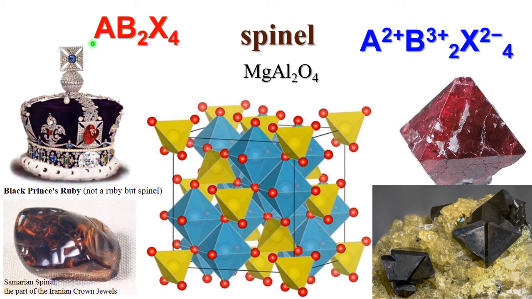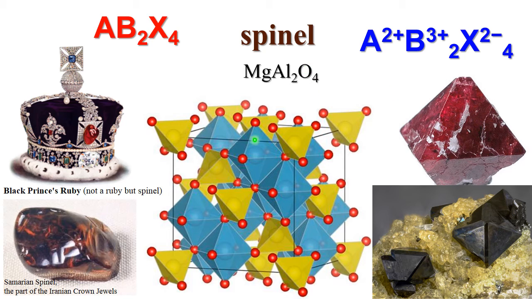One more compound containing 2 different elements, of composition AB2X4, is spinel. The best representative is magnesium aluminum O4. So here is 1 ion 2 plus, 2 ions 3 plus, and 4 ions -2 oxide.